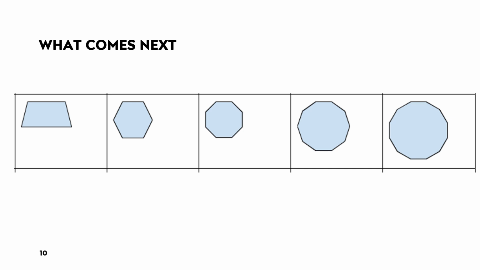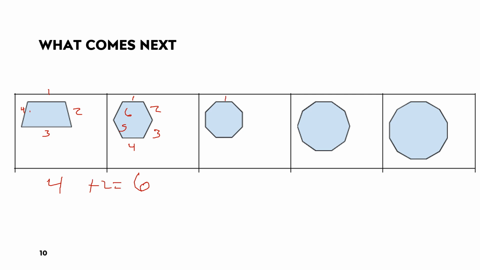Did you get the same thing for your box 4? How I work this problem is I notice there's 1, 2, 3, 4 sides here. Then I notice there's 1, 2, 3, 4, 5, 6 sides. So 4 plus 2 was 6.